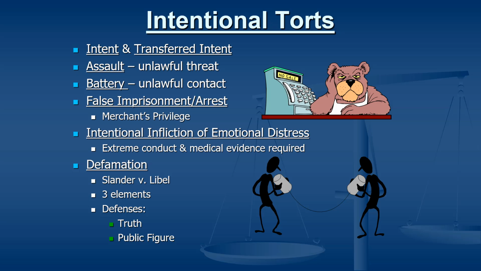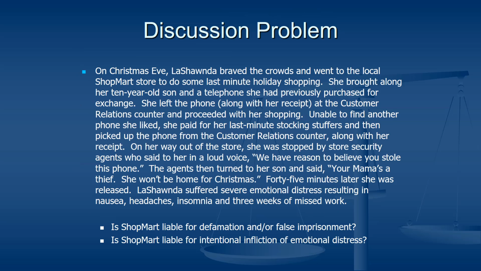And so those are the elements of defamation. So what are some defenses that might be raised in that context? Well, first, if the defendant can prove that the statement was in fact the truth, then that would be a valid defense. Defamatory statements, by their very nature, have to be false.